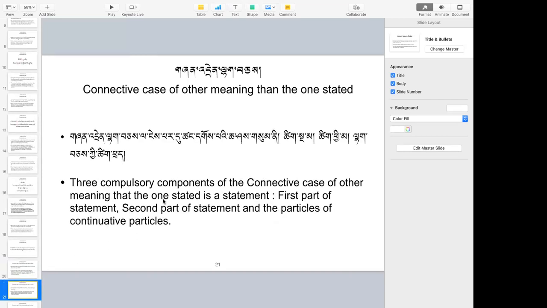And so it has three compulsory components. The three compulsory components of the connective case of other meaning than the one stated are: first part of the statement, second part of the statement, and the particle of continuative particles.